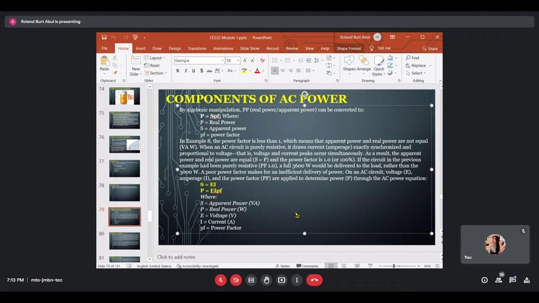So, the apparent power is 5,000 VA. Did the others get that? Yes, sir. Did Jason also get it? Anyways, next, please solve for the power factor.